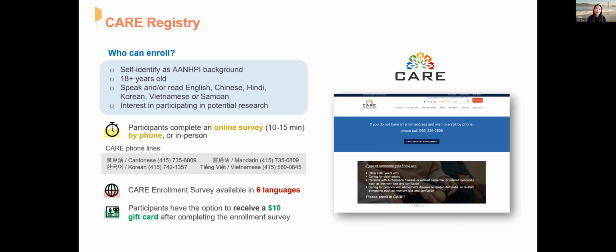We do have a CARE 2.0 application that we submitted, and we are hopeful to add many, many other languages here. And of course, they must demonstrate an interest in participating in potential research. Participants can complete the very brief online survey, or they can call if they need help, and or they can do it in person. And they have the option of getting a $10 gift card after completing the enrollment survey. Next slide, please.